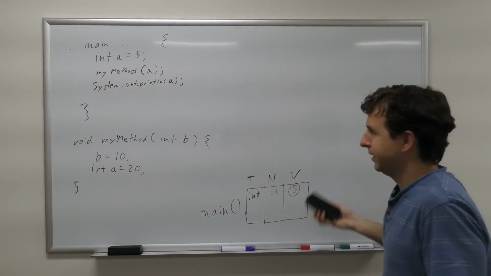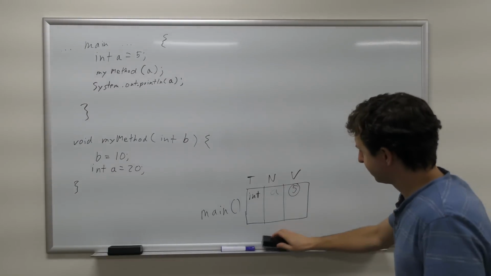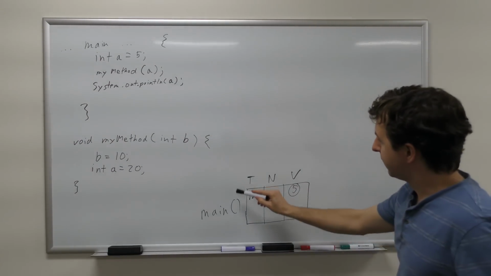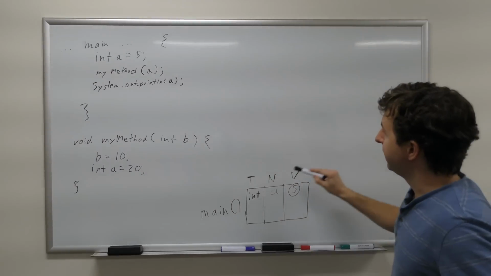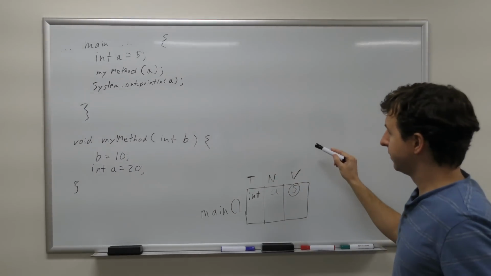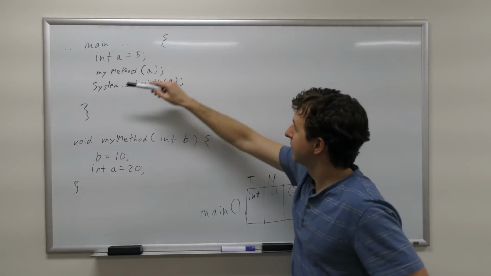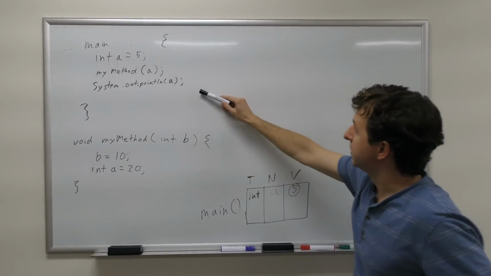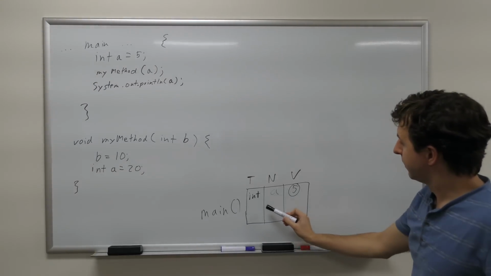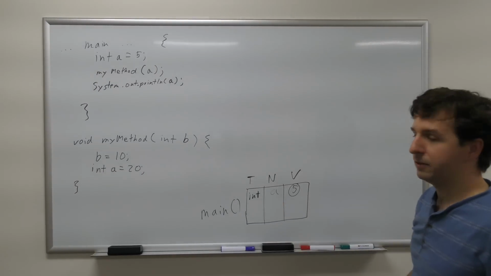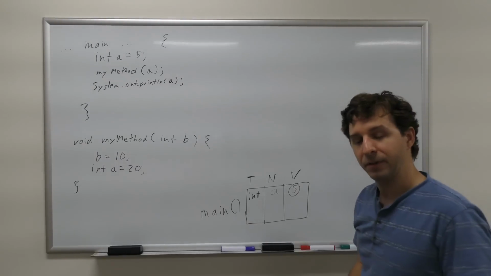You know, in a digital sense. Okay, so that entry in the stack is gone. We're back to the main method now, where we left off. System.out.println a. Here we have a, its value is 5. And that's why that outputted 5.